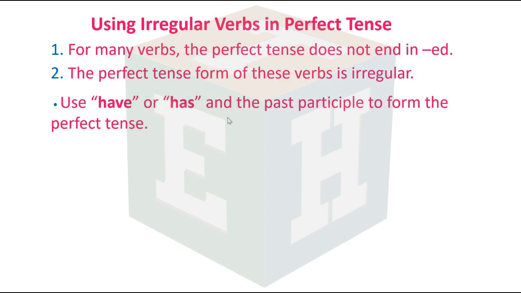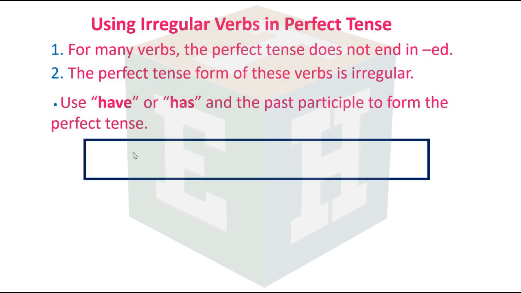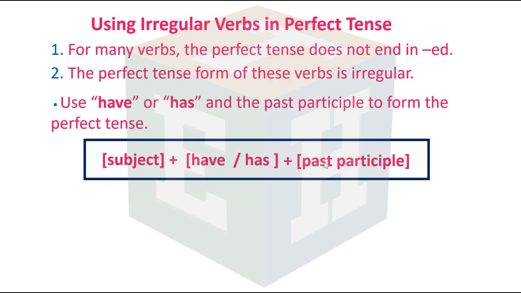Use have or has and the past participle to form the perfect tense. This is the structure: subject, followed by have or has, followed by past participle.